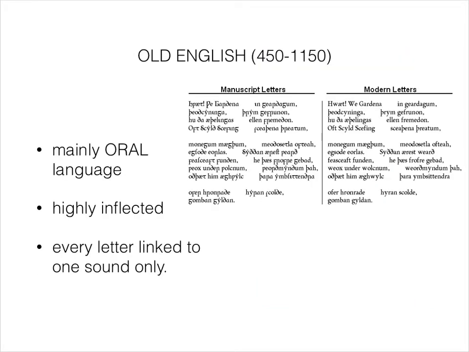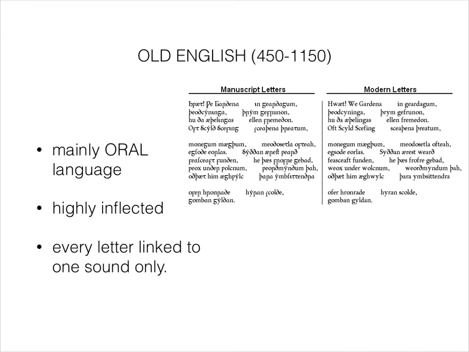Here comes the problem. Between these years, a very, very long period, if you think of Roman culture, the Romans were really cultured and those were good times. But for almost 700 years, the language was mainly oral. The population was largely illiterate, they couldn't read or write. So English was a language that was mainly spoken, but not actually written.